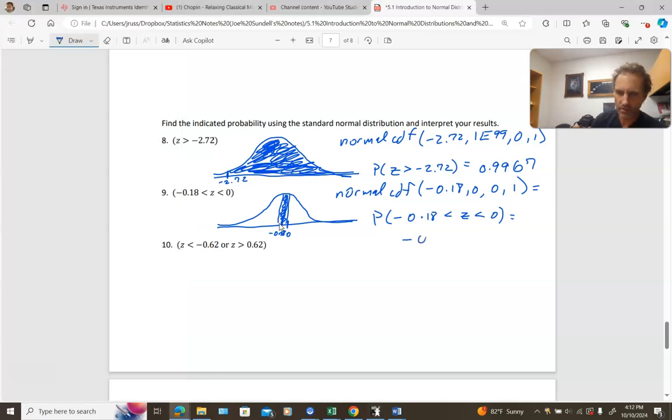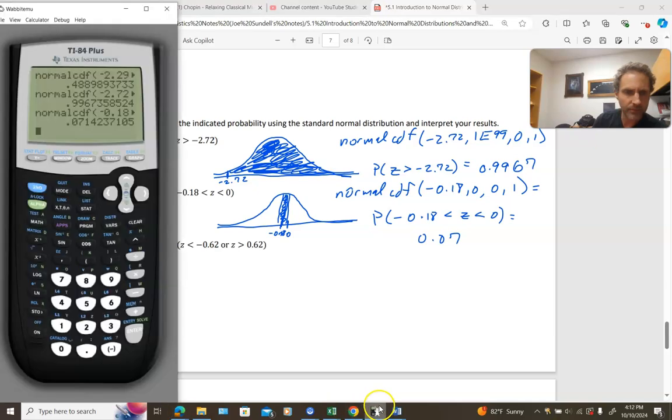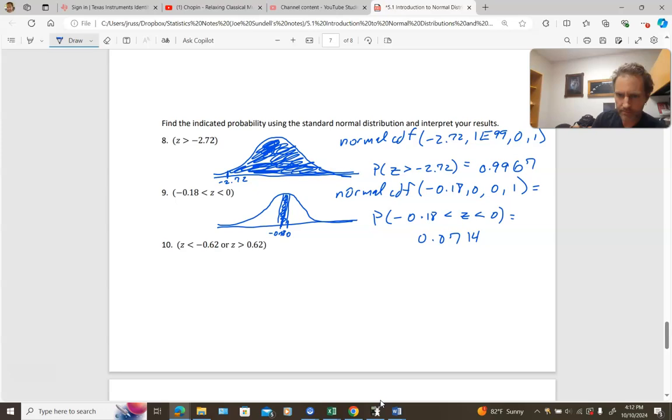So 0.07, there, 0.07, we'll go 1.4, okay, so about 7%.